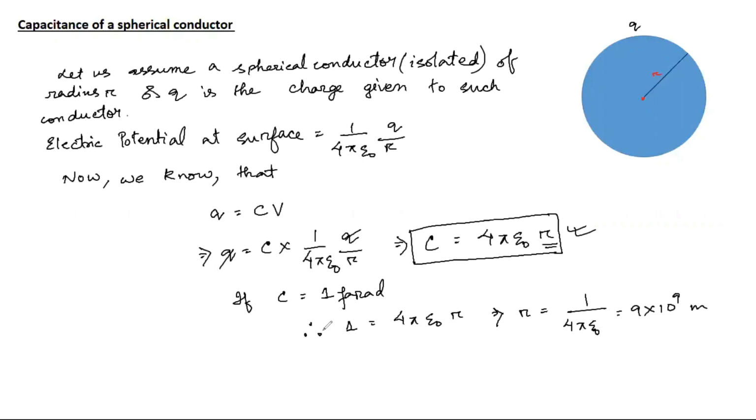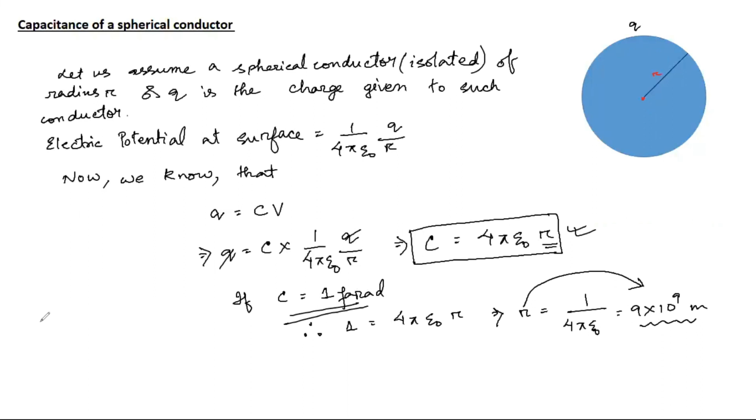So when I use a capacitance of 1 farad, I get a radius of around 9 into 10 to the power 9 meter. It will be a very huge sphere.